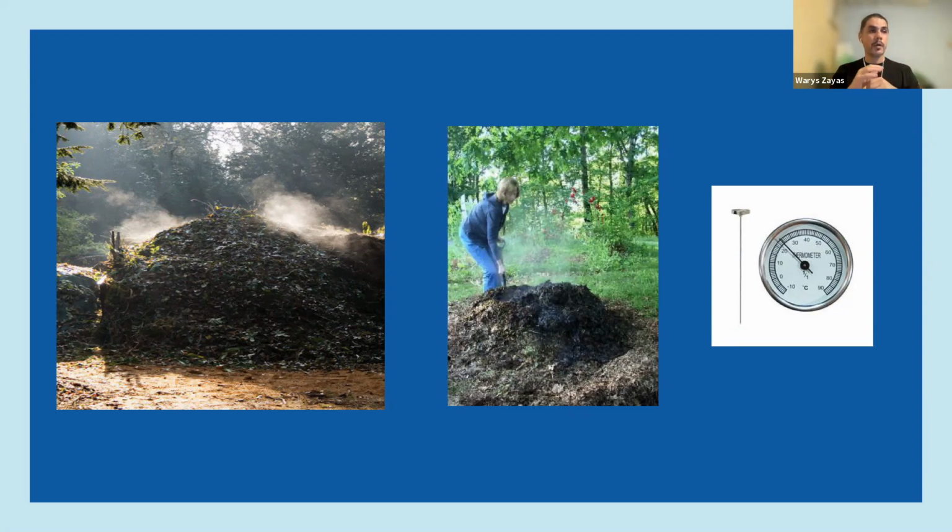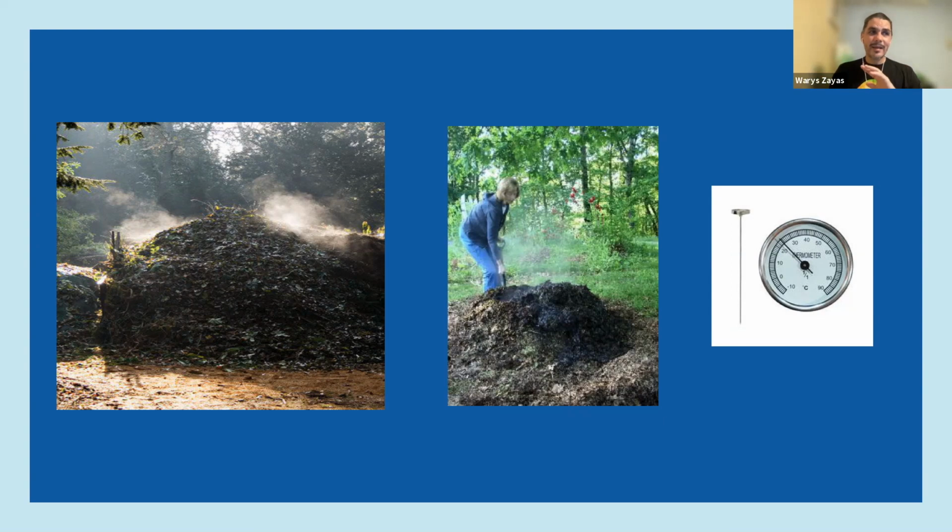So it is normal. I also included a picture of a thermometer, and this is a highly recommended tool, a basic tool that you need to have to make your compost. The probe of that thermometer, if you see the picture, is like the ones that we use in the kitchen, but bigger.